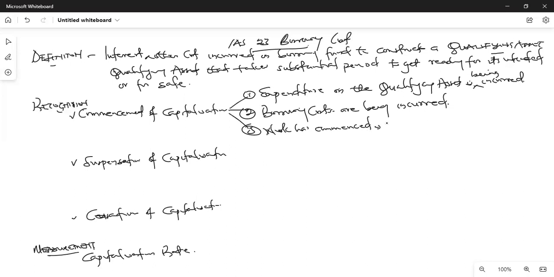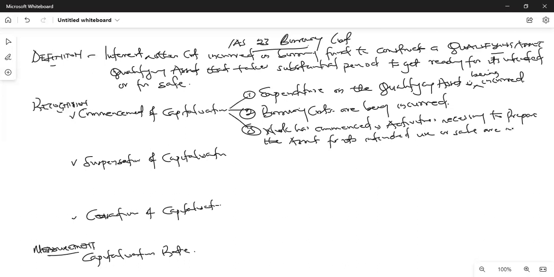Or we say that activities necessary to prepare the asset for its intended purpose or sale are in progress.